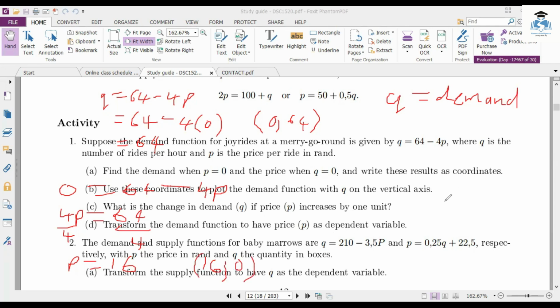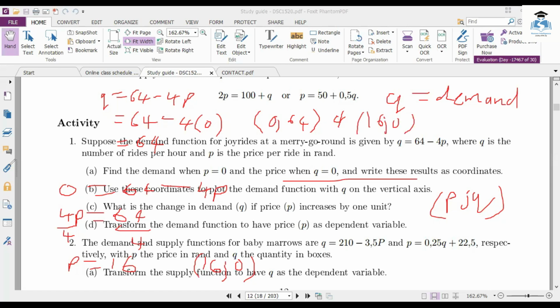Remember the coordinates are in the form of P, Q. So this is what they wanted you to do here. So now that's 16, 0.